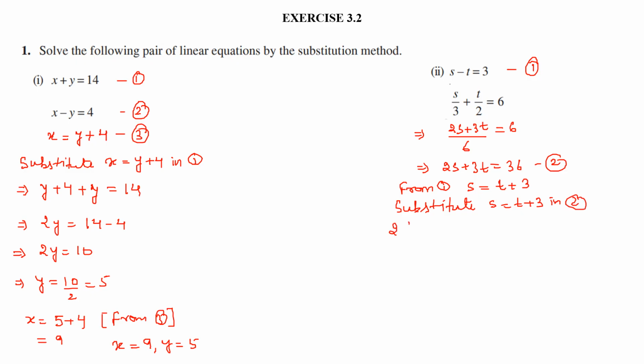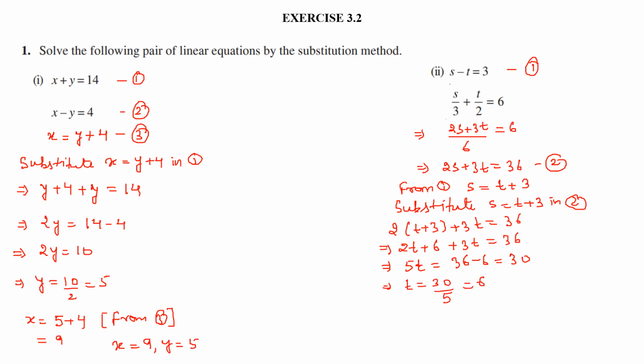It will become 2 times t plus 3 plus 3t equal to 36, which will give 2t plus 6 plus 3t equal to 36, and 2t plus 3t is 5t. So transpose 6 to other side, so 36 minus 6, which is 30. So t will be 30 divided by 5, which will give you 6.